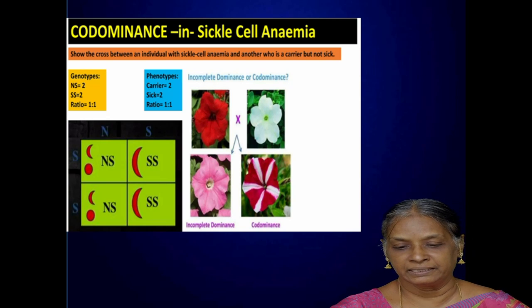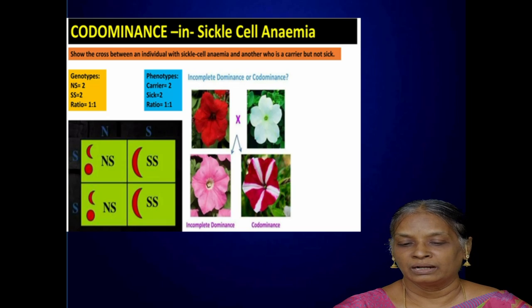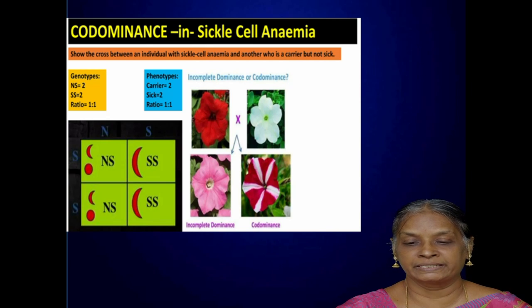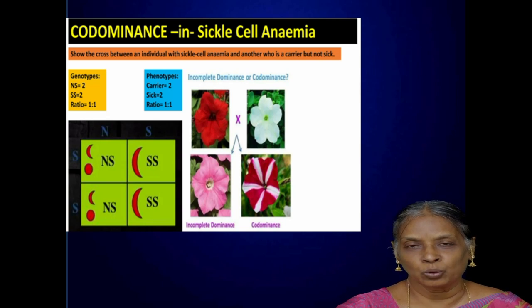And in this slide, we could see another picture on the right, which is a cross between a red flower and a white flower. Now, which one is the example of co-dominance? In co-dominance, we could have both the colors of the parents expressed.